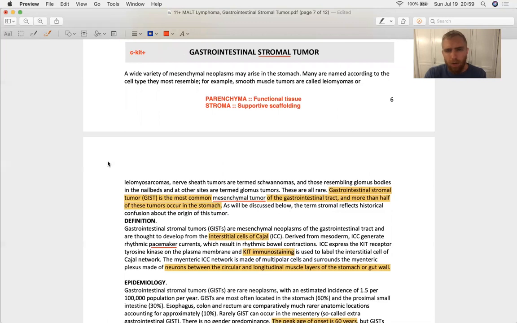So the SDL does go out of its way to mention that you might see a leiomyoma, leiomyosarcoma, schwannoma, or even a glomus tumor in the stomach.